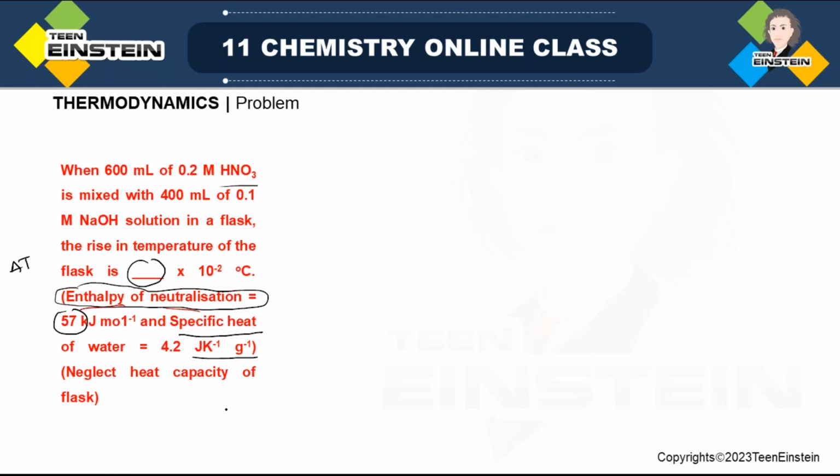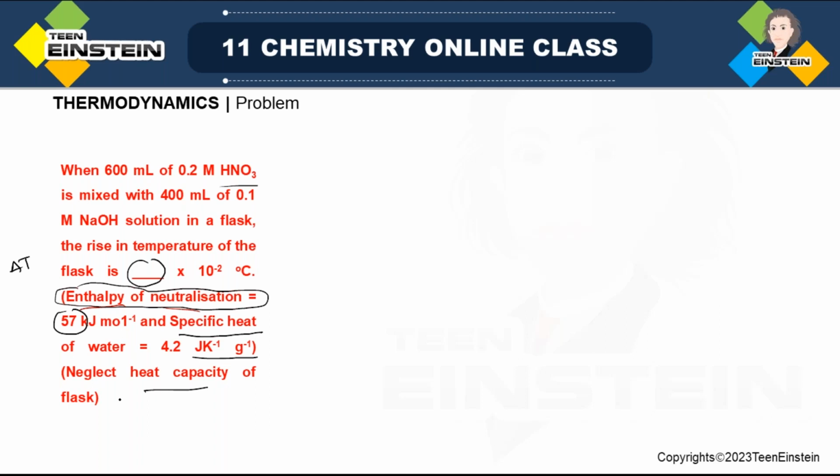One more piece of information: you have to neglect the heat capacity of the flask, because in the flask the reaction is going on. Suppose you do not neglect the flask, that means the flask can also absorb some heat, and then some amount of the liberated heat is also absorbed in the flask. Then the calculation will be different, but in this case it is simply mentioned that you can neglect that.